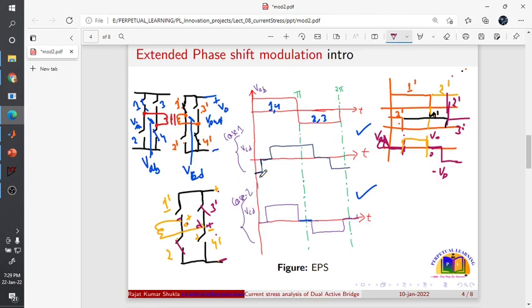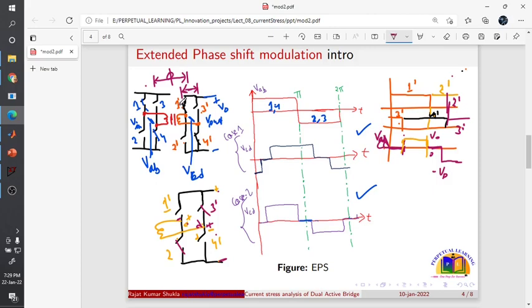This depends, because we will get two phase shifts here. One phase shift is the outer phase shift between the two bridges, which we call phi. The other is the inner phase shift, wherever you are applying the 0 voltage. Let's say in my case this is bridge 2, where I am using the 0 voltage sequence.